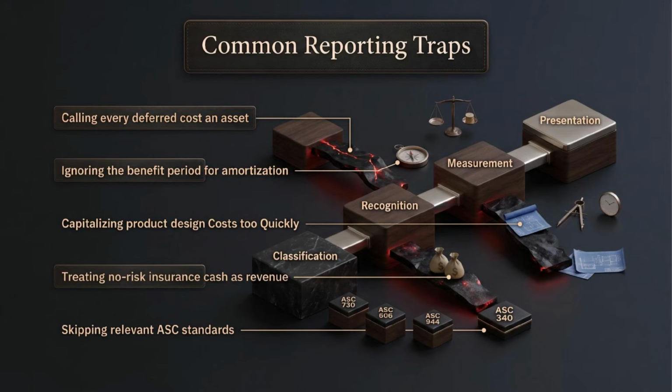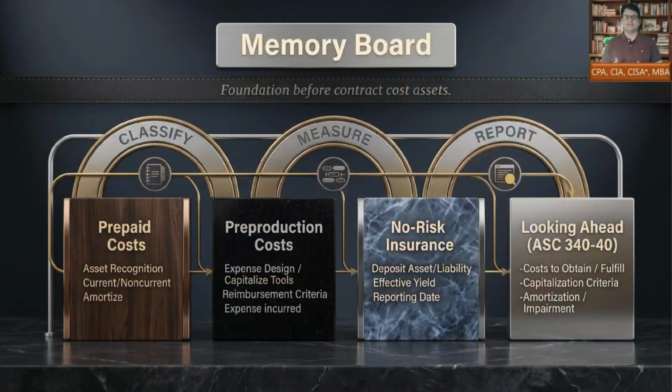Fifth, do not apply ASC 340 before checking related topics such as ASC 730, ASC 606, or ASC 944. In exams and audits, many mistakes start because someone jumped to measurement before doing classification. Here is the final memory board for video 1.